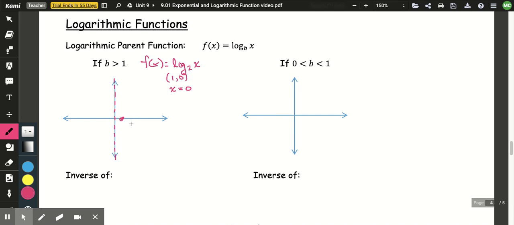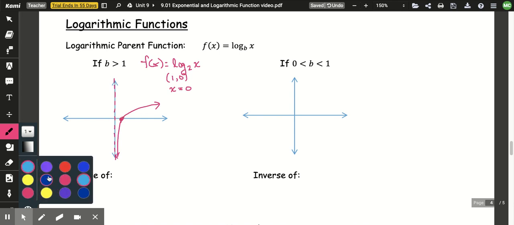And then as I move toward the asymptote, the curve is going to get closer to the asymptote, so it's going toward negative infinity there. And as I move to the right, it's going to move away. Kind of similar to what we were seeing with the exponential functions.